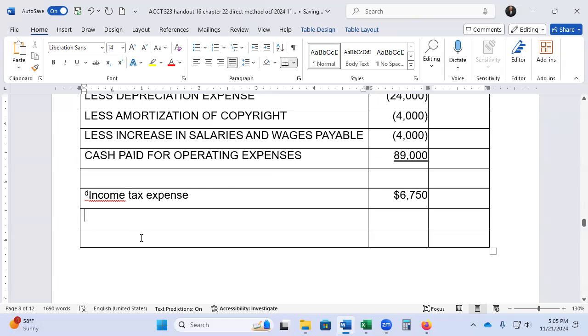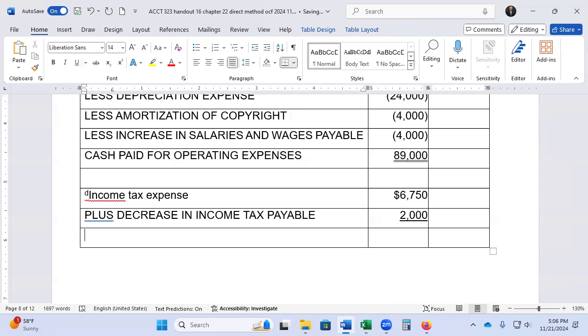And we have to look at our DTAs, our DTLs, and our income tax expense payable. And so we add the decrease in income tax payable. And that number is 2,000.